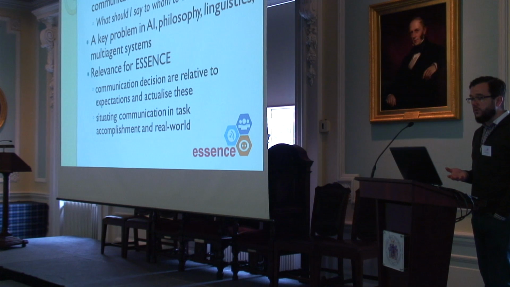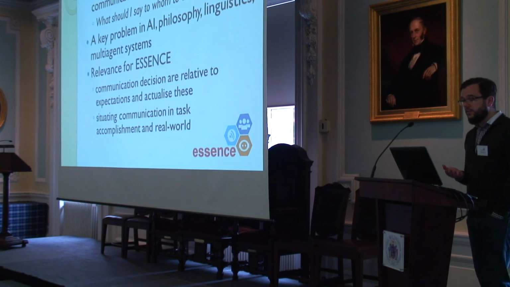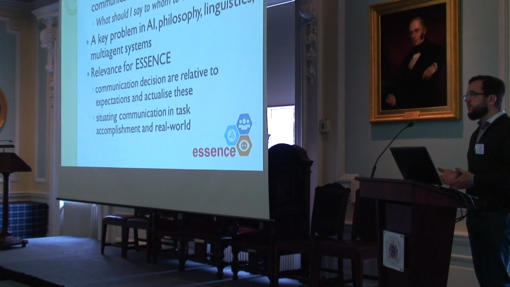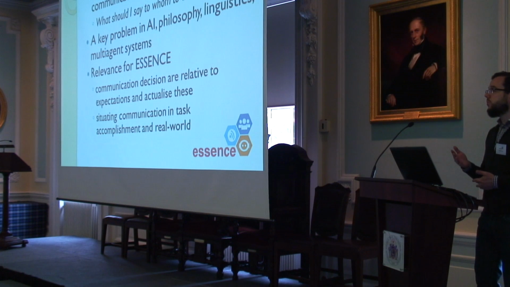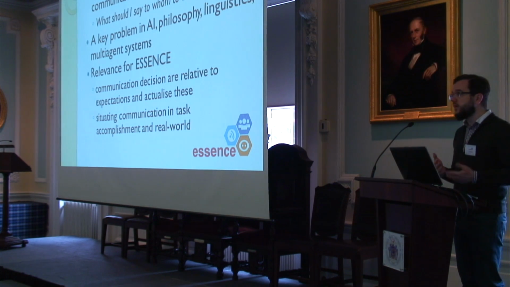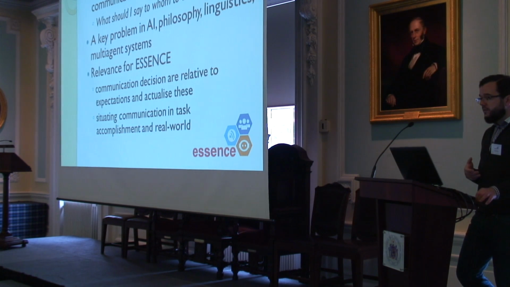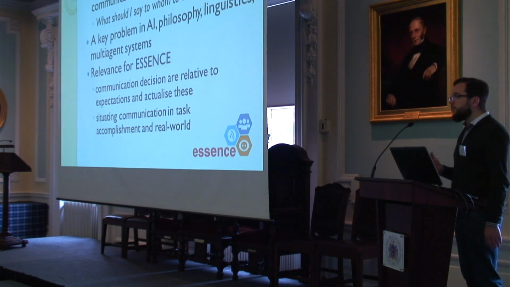This is a key problem in many areas, and the reason it's relevant to essence, I believe, is that whatever decisions you make are obviously relative to the expectations you have about their consequences. And once you've made them, those expectations are updated and actualized because you observe new consequences, and that feeds into the picture you have of the communicative space. It also situates communication in task accomplishment and in the real world.